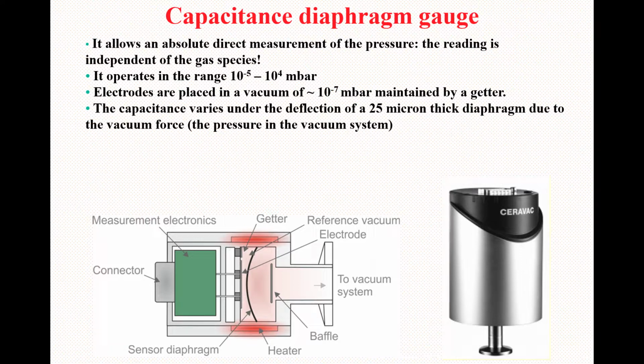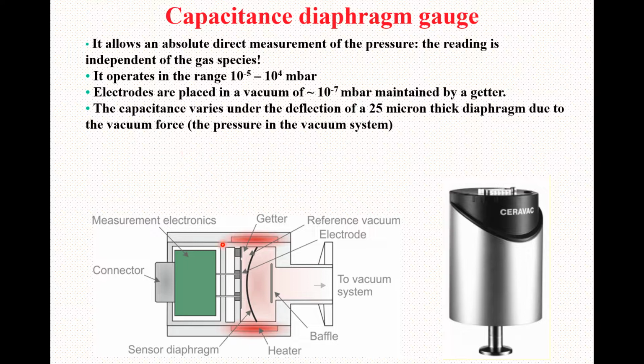The capacitance varies under the deflection of a 25 micron thick diaphragm. You can see it here. This whole structure is the diaphragm, and the capacitance varies under the deflection of the 25 micron thick diaphragm due to the vacuum force.